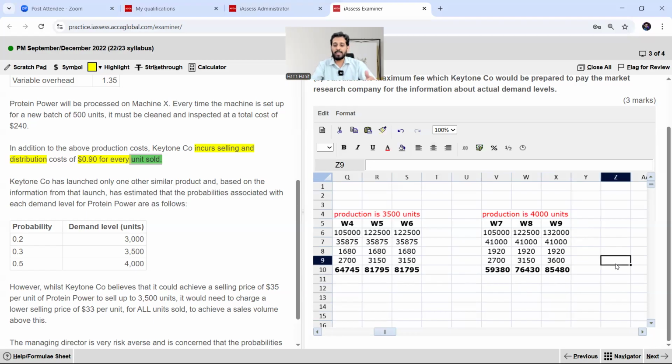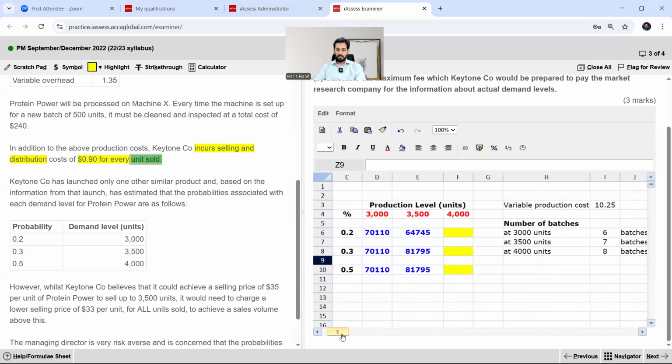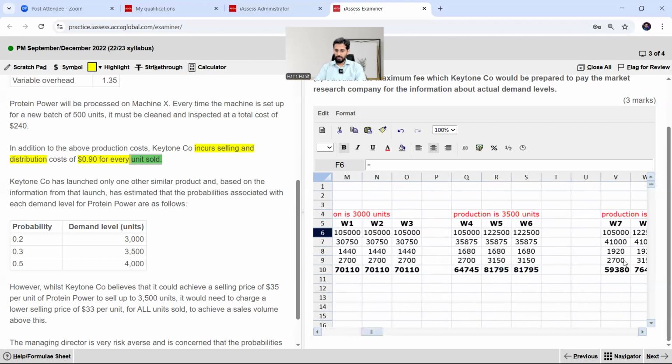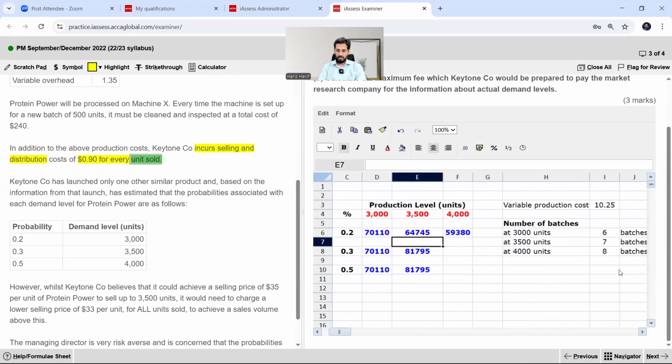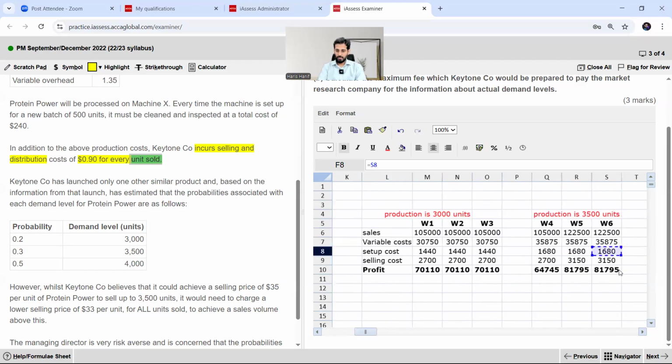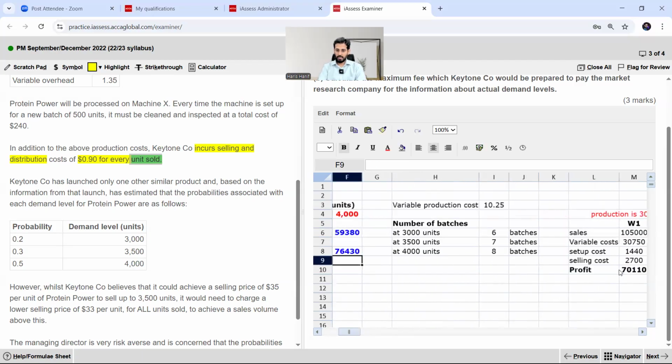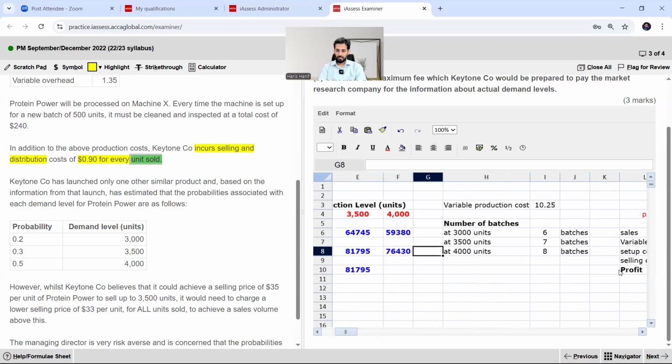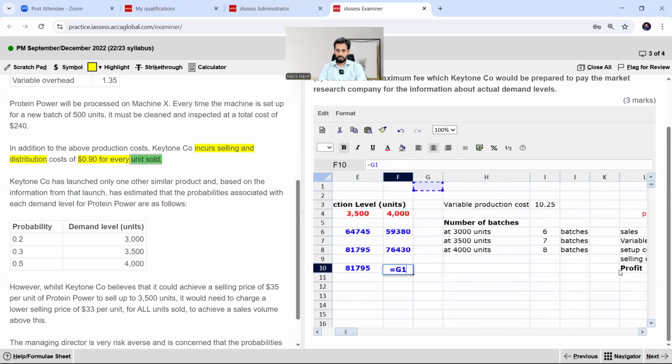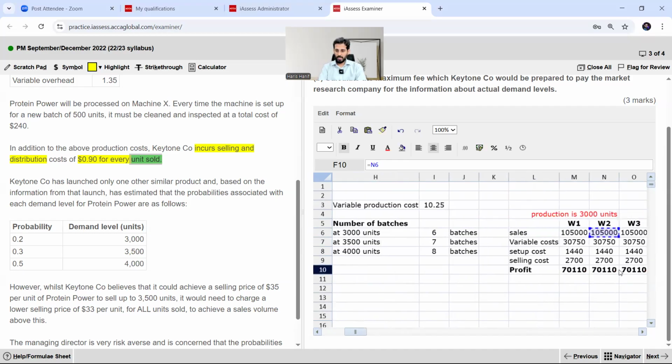So I have computed these three profit figures for working number 7, 8 and 9. Now what I have to do is simply follow the same way, is equal to working 7, is equal to working 8, is equal to working number 9.